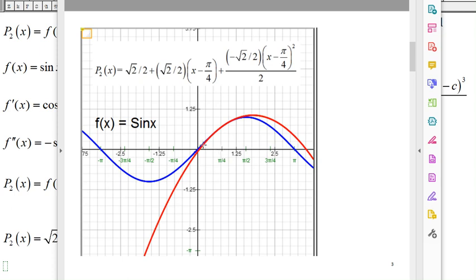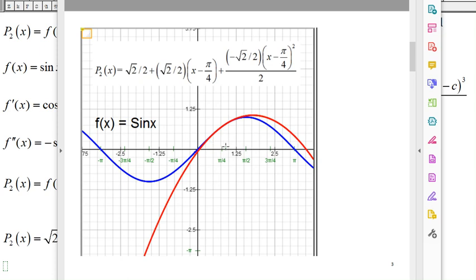And then if we look at the graphs, they overlap from here to about right here. And so for values around pi over 4, the two graphs overlap, meaning they have the same value.